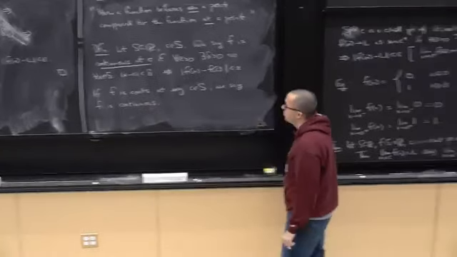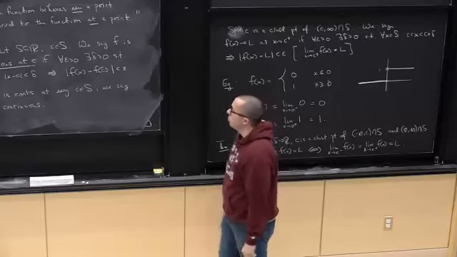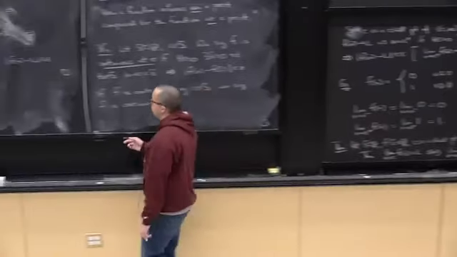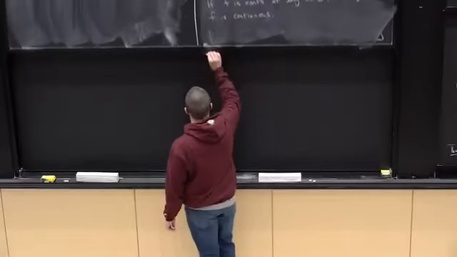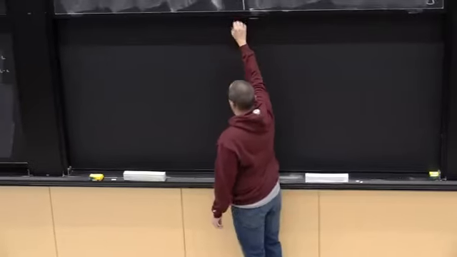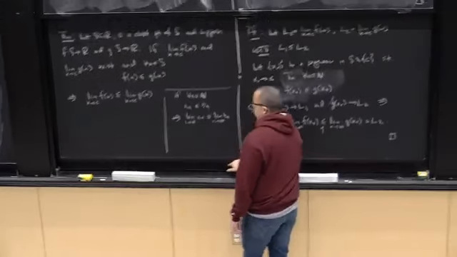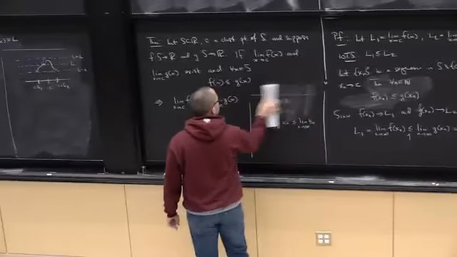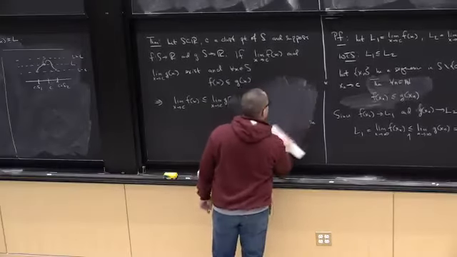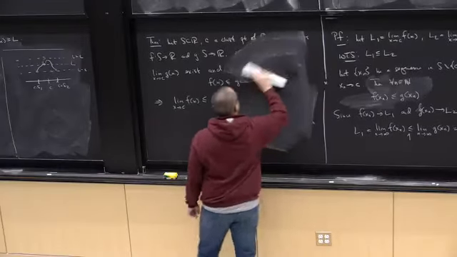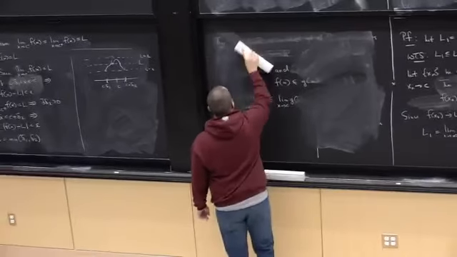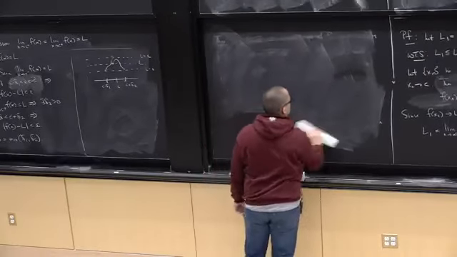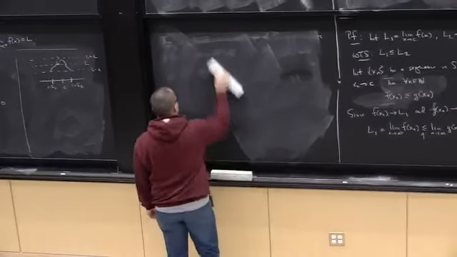So for a function to be continuous at a point, nearby x, x being near c, should mean that f of x should be near f of c. Okay?